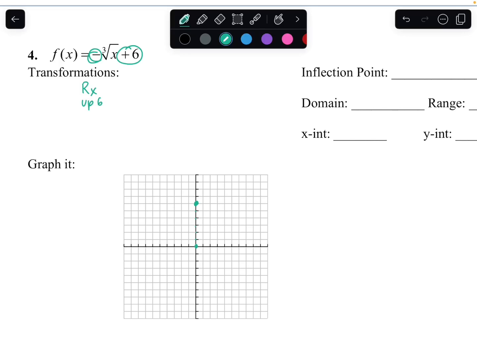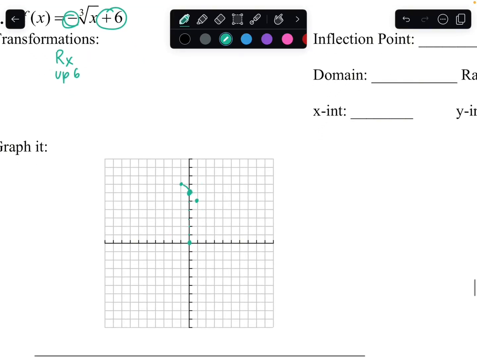And so our parent function usually has 1 on each side, but because it's been reflected, kind of like a linear function, the slope will now be negative between those 3 points. Okay. And since it says 3 points, you could leave it like this and just go up to the left. But I always like some extra points, so I go up 1 over 7 for another point.